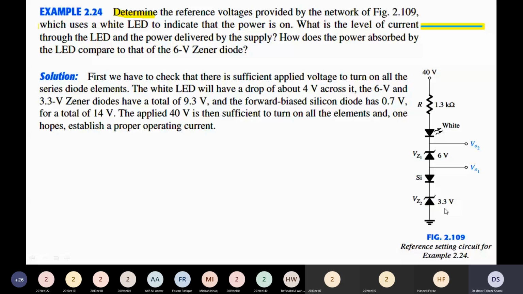So what we can do over here is accumulate the two Zener diodes. We can combine them. Let us make the same circuit again. This is our LED, this is our diode, and then comes our collective Zener diode.